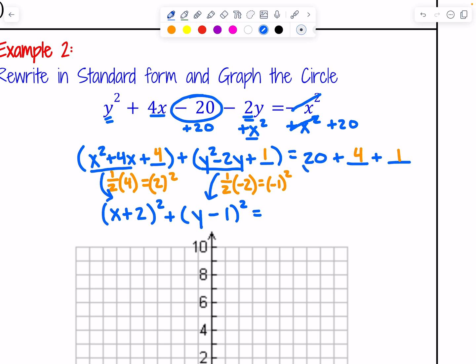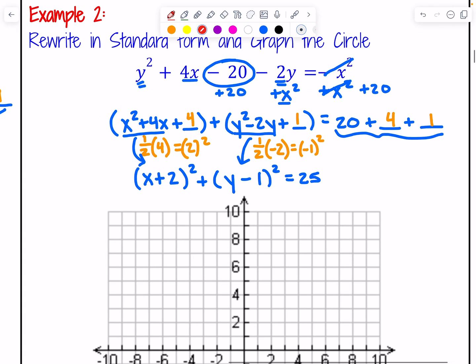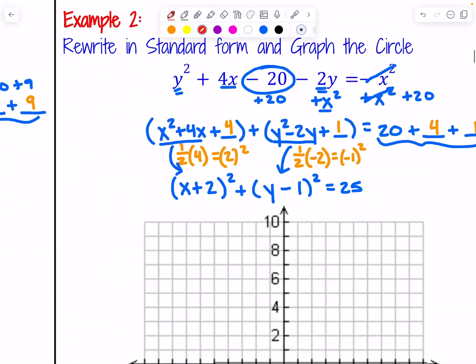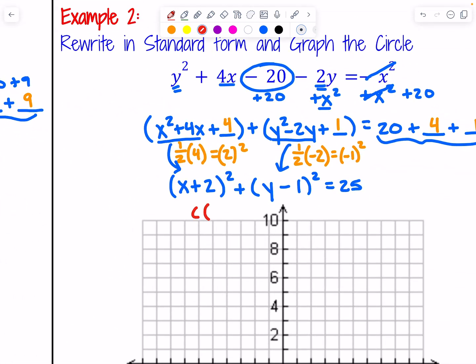And then 20 plus 4 plus 1 gives us 25. And then our center point is going to be -2, 1. And then our radius is just going to be the square root of 25, which is 5.